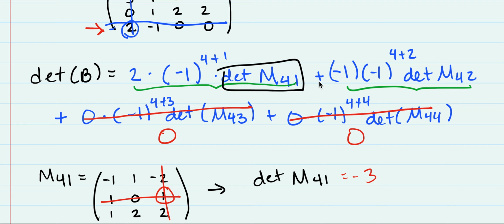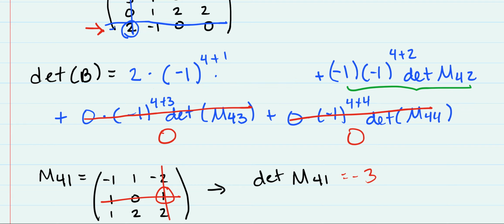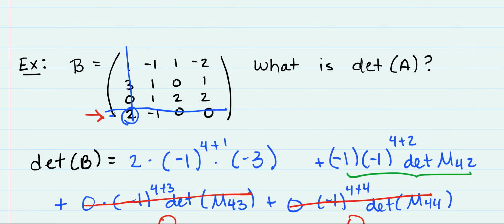So we figured out this piece, and we can put -3 here. Now we need to figure out this piece. So we have one more determinant we need to find. So let's repeat. It would be a good idea for you to try to find this and make sure you get the same thing I get.